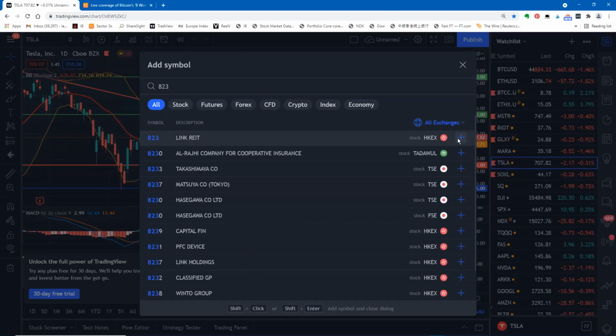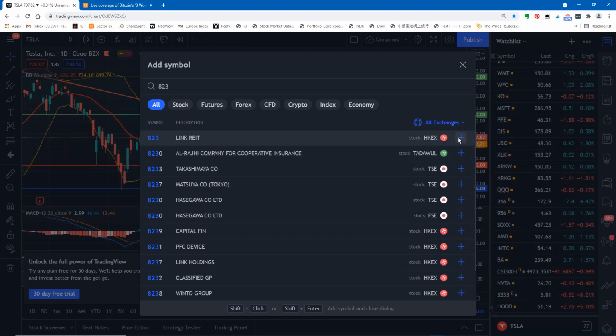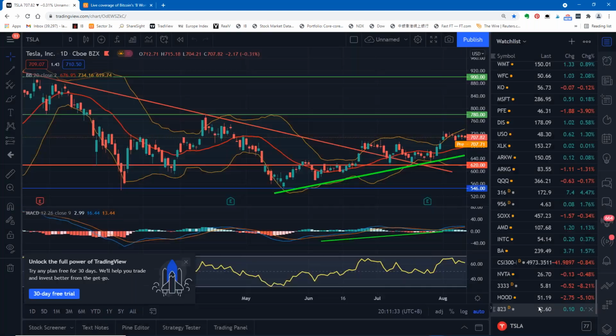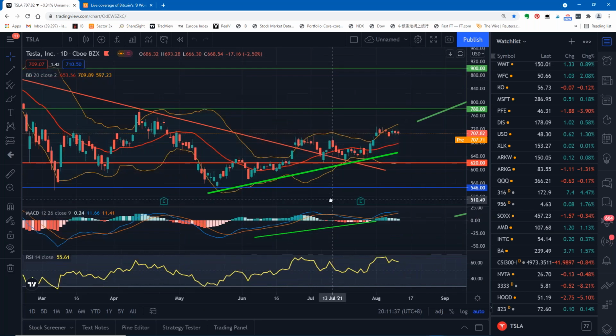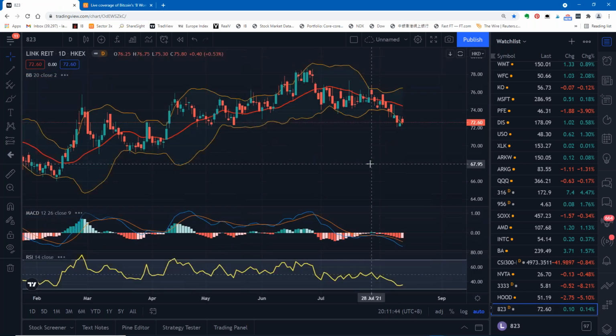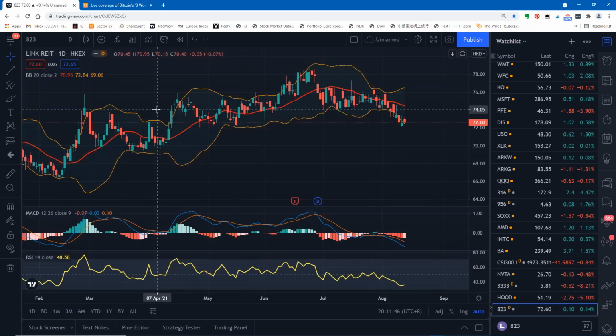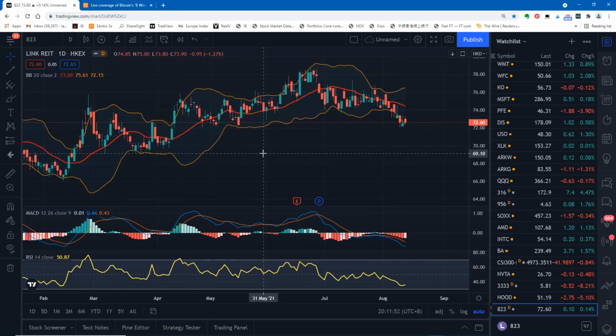There is a property stock, commercial property, Link REIT. I talked about this stock before. Oh, sorry, this is Tesla. Yeah, this is the REIT. Can you see that? And not good. Before I was bullish on this one, seeing it in an uptrend, quite good.